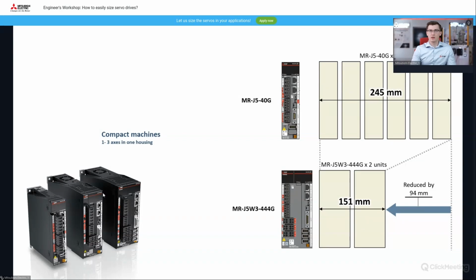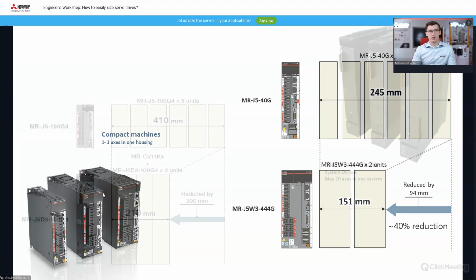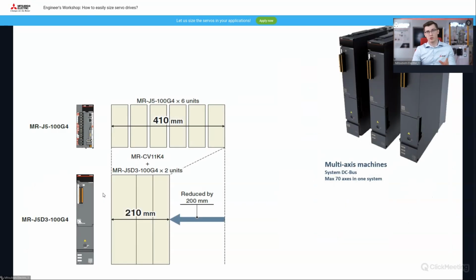The reduction in the control cabinet is up to 40%, so the space that you will take is 40% smaller. And with DC bus, it can be even bigger. Here we compared a 1 kilowatt all-in-one system, the normal ones, with DC bus, and the reduction of space, even with this converter, will be about 50%.